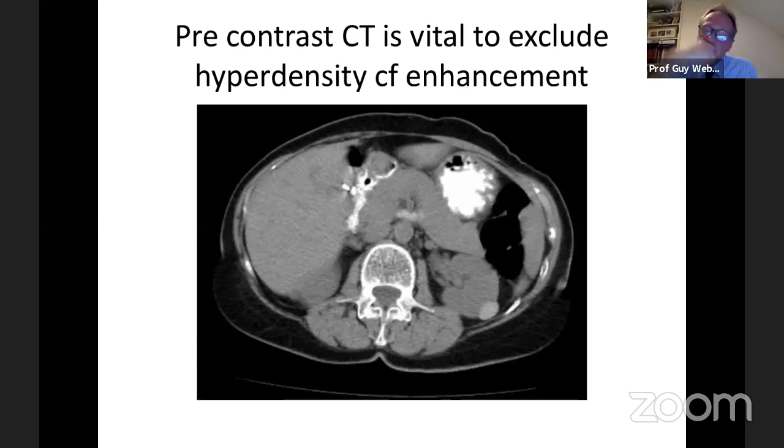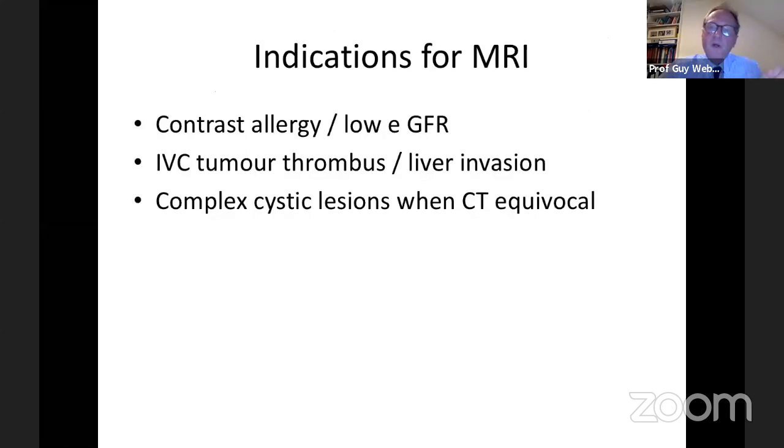So there's no contrast in the kidney, as you can see, but it's hyperdense. It's already showing pre-contrast density, which means it's a cyst with a high protein content, or it's been infected, or with hemorrhage, and that can be left alone. But we can only tell that if we've got the pre-contrast CT.